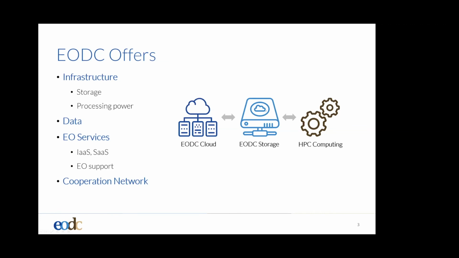The system is on one hand connected to the HPC facility of the university that can be used for the researchers, but we are also allowed to provide it towards private industry and also towards other public organizations. And the storage is furthermore connected to a cloud computing environment, in our case OpenStack, that can be further connected towards further international activities like EGI.